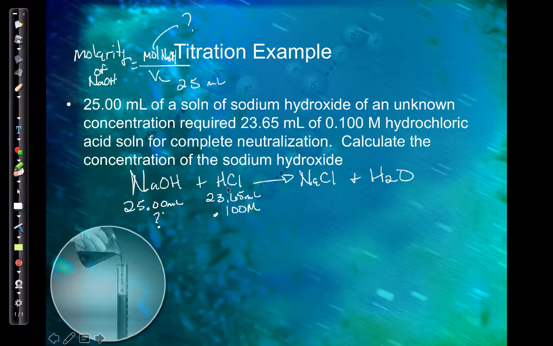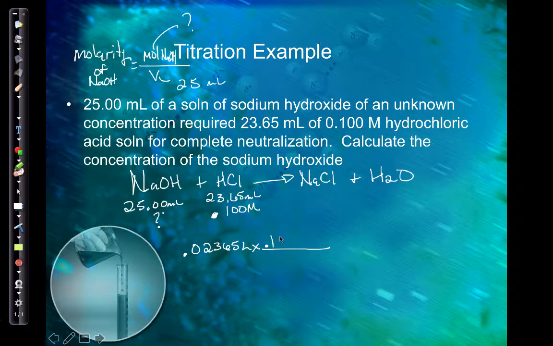So typically in a titration problem, you're going to start with the thing that you know the most information about, which is HCl. And we don't start with molarity because the molarity is a conversion factor between moles and liters. So 23.65 milliliters, or 0.02365 liters. Let's figure out how many moles of HCl that is.